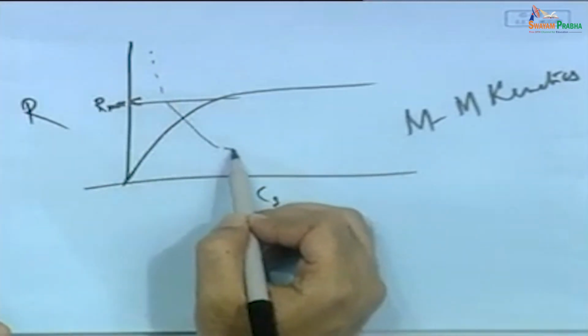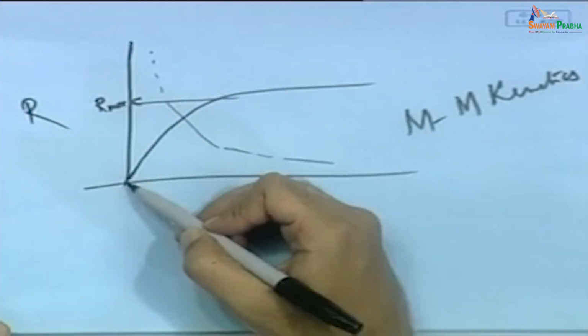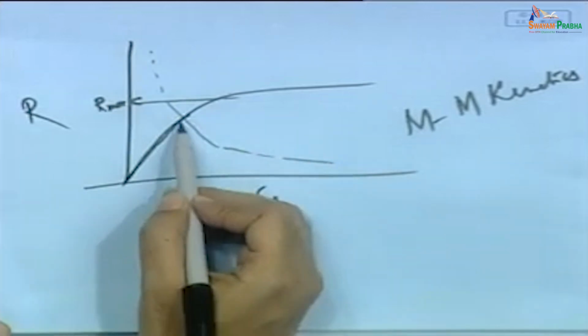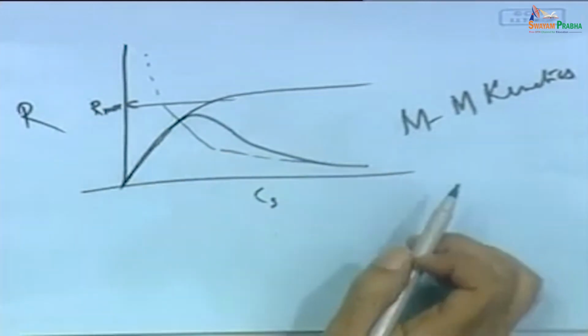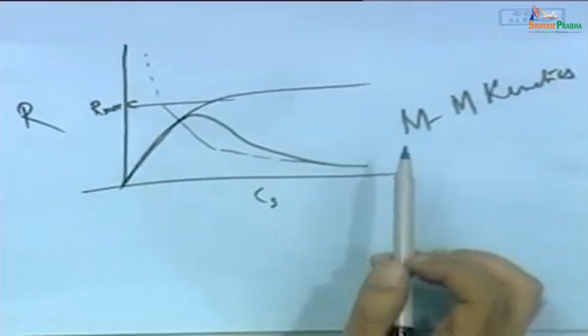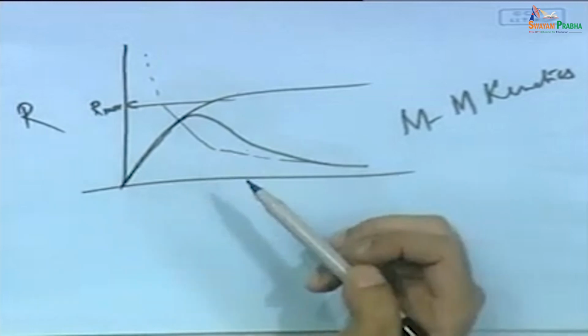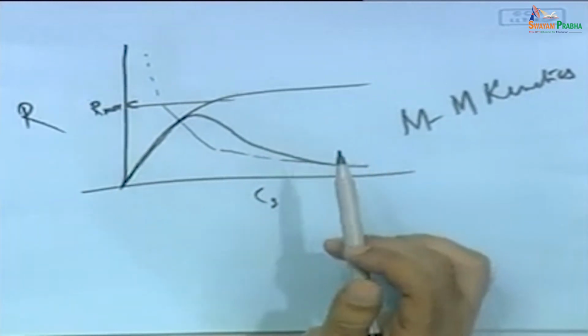Like this? No, the initial part will remain the same, but finally it will again tend to 0. It will go down like this? Okay. What do you think? Who wants to take a shot?